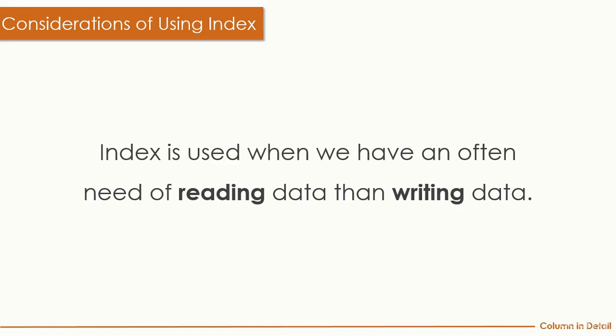If you keep writing, say I write thousands of times, I just read it once, then it doesn't make sense to index it. If you have data like the user profile in our example, the upload information, the user doesn't update the information so often, so it's good to index it. Then when we read it with the photo, we need to locate the corresponding uploader. Then the index can take great advantage.